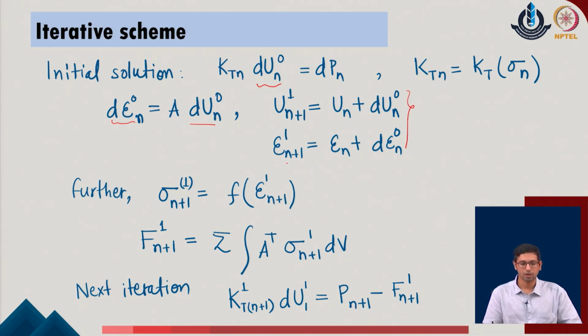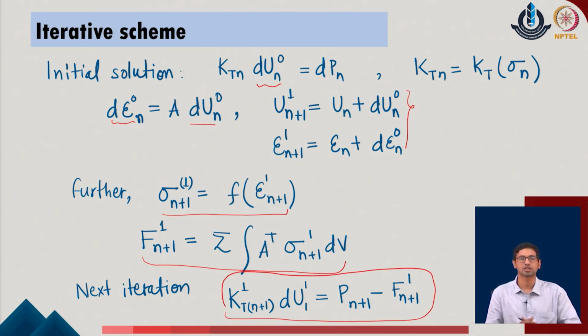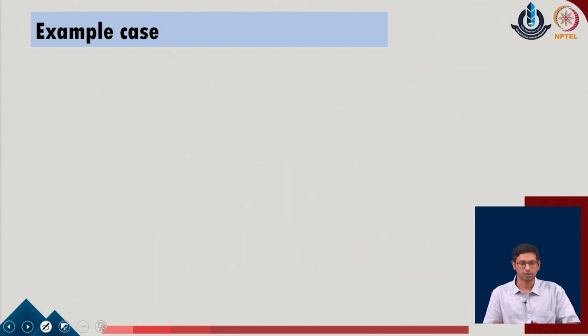Once we identify these values, we calculate the respective value of the stresses in the given system, with respect to which we identify the respective forces, and once we define the respective iteration in the system, we go with the successive iterations to check whether the next set of iteration is required, or we can stop at this particular iteration to give the solution of the given problem. So, with this we stop over here.